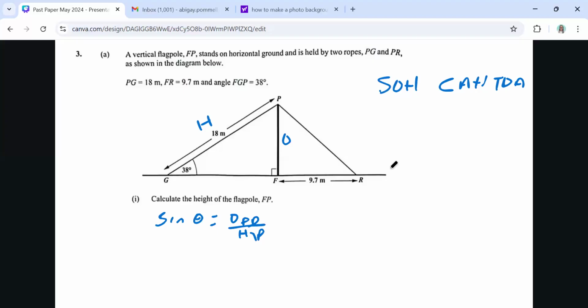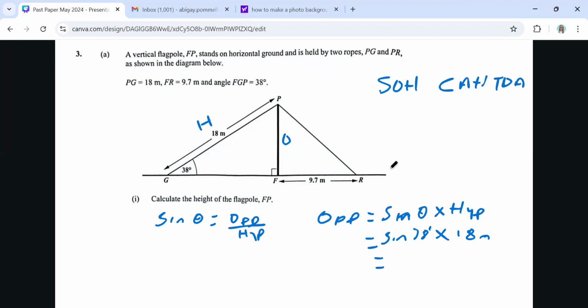I'm going to make my opposite the subject. So opposite equals sine theta times hypotenuse. So we have sine 38 degrees times the hypotenuse, which is 18 meters.